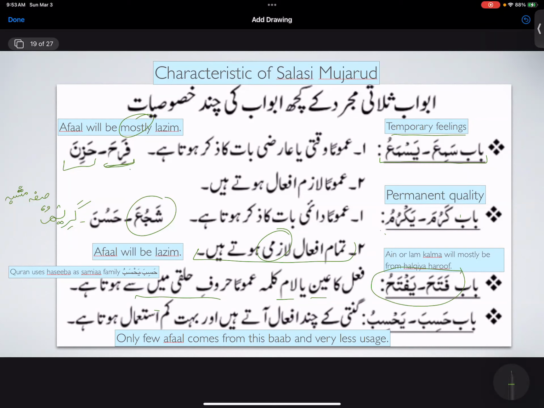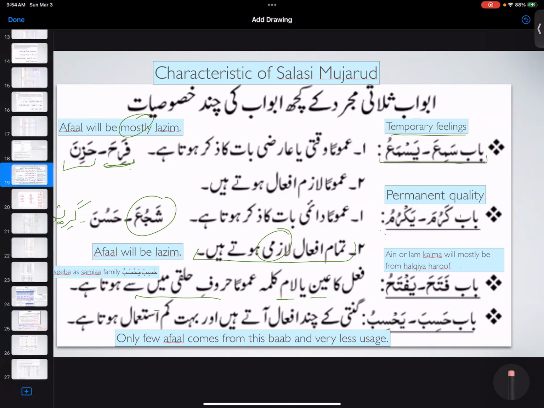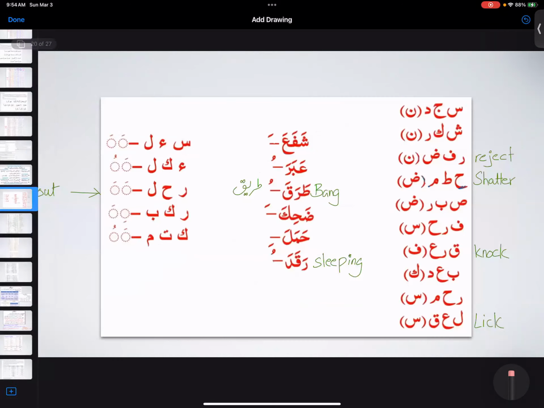Then Hasiba Yahsibu, only a few afal come from that bab. Very little usage in the Quran for Hasiba Yahsibu. And for Hasiba Yahsabu itself, we see this verb belongs to Samia Yasmau.